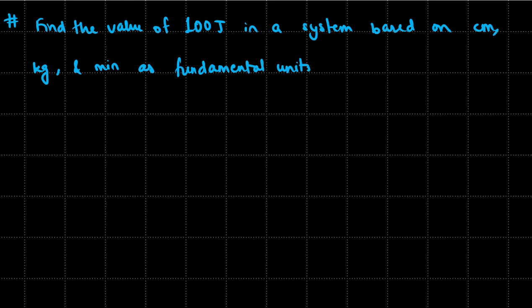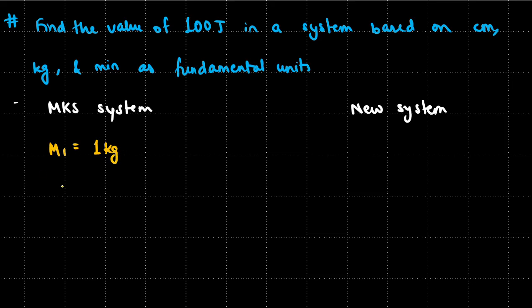So right here we have the MKS system and our new system. This new system is not a recognized system, so we are going to call it the new system. In the MKS system, mass is represented by a kg, length by a meter, and time by a second.